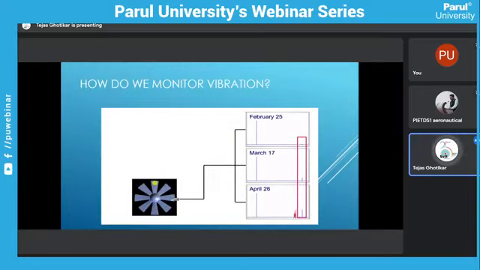But at the later point, when you need to change the entire shaft or the bearings, the maintenance cost will be very high. This is the reason behind going for vibration monitoring.